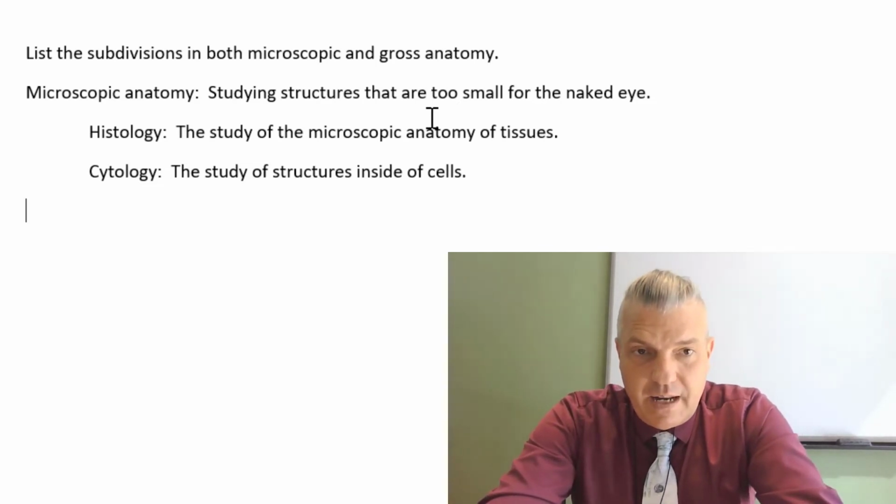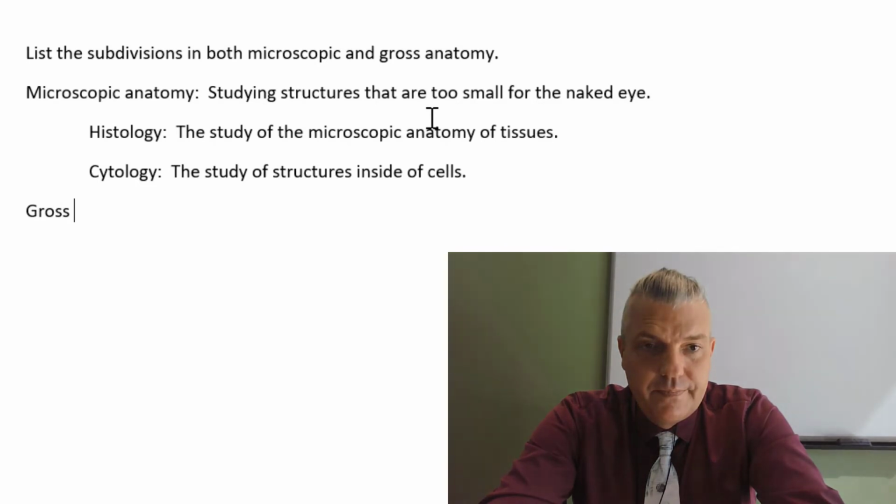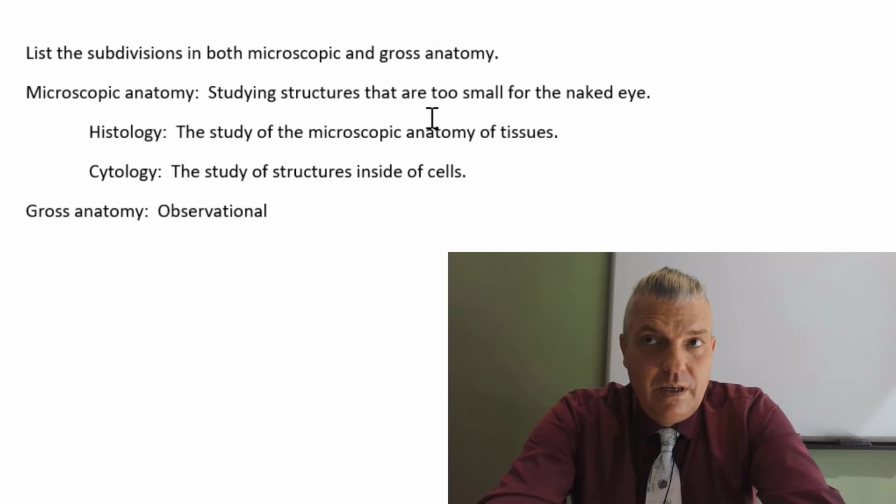So that's microscopic anatomy. For gross anatomy, we study gross anatomy in various ways. The first one is just observational, without invading the body or anything like that. Observational surface anatomy, maybe.